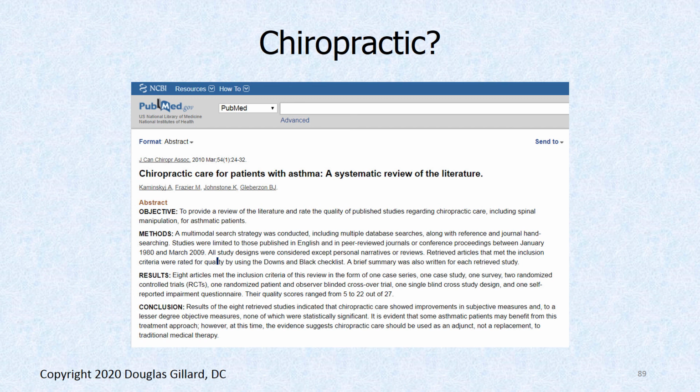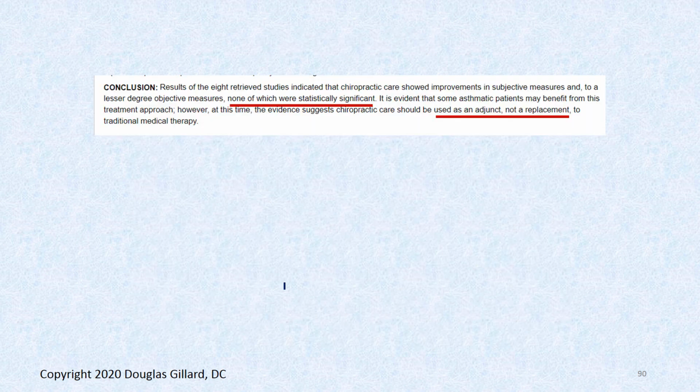For whatever reason, some students got it in their heads that people don't need to be on medication because chiropractic care can be substituted for albuterol and steroids. Absolutely ridiculous. And just to prove it to them, I had to put this in here. This is from a chiropractic journal, which did a systematic review of the literature, and they chose 8 randomized controlled trials comparing chiropractic to medication.